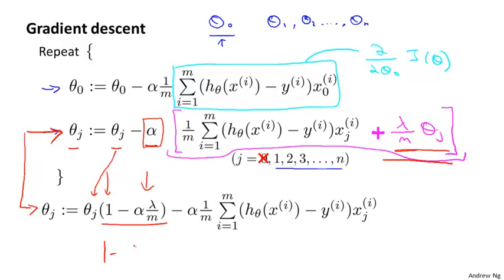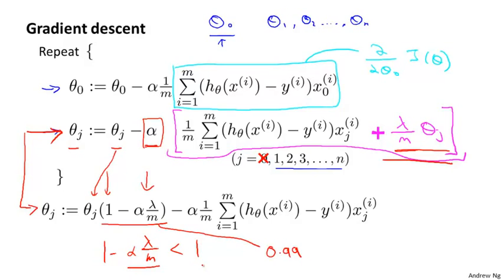Concretely, this term 1 minus alpha times lambda over m is going to be a number that's usually a little bit less than 1, right? Because alpha times lambda over m is going to be positive, and usually, if your learning rate is small and if m is large, this is usually pretty small. So this term is going to be a number that's a little bit less than 1. Think of it as a number like 0.99, let's say.